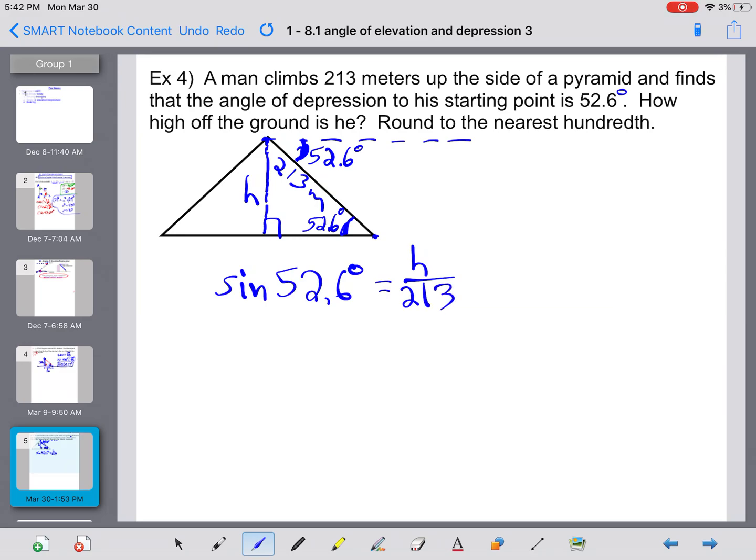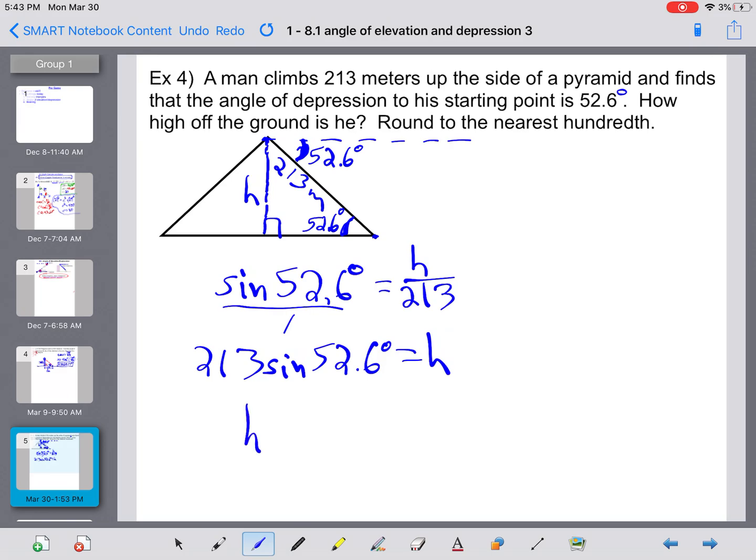This problem's a little bit different because I don't have to do any sine inversing. Easiest way maybe is to think about that being a 1. Multiply both sides by 213. So you get 213 sine of 52.6 degrees equals h. And now you just go straight to the calculator.